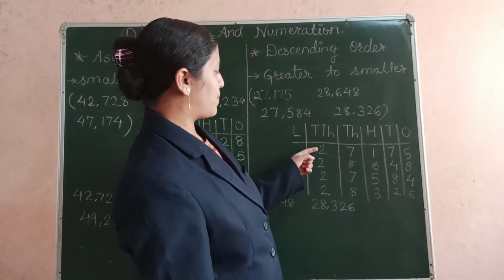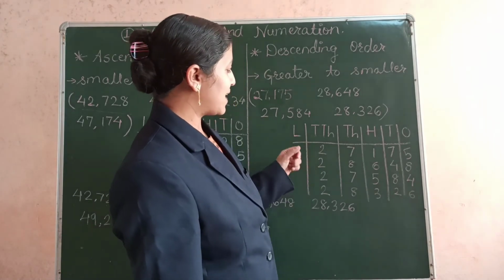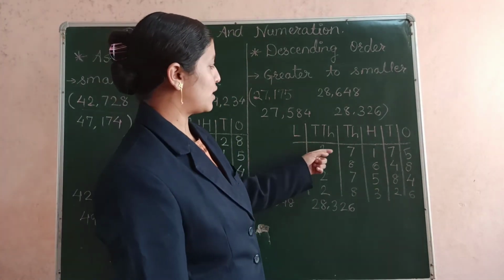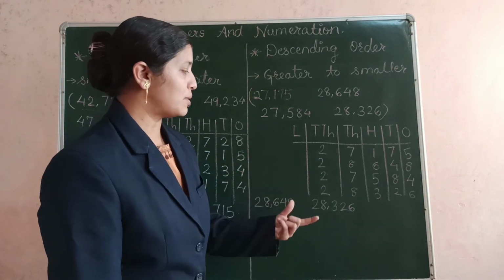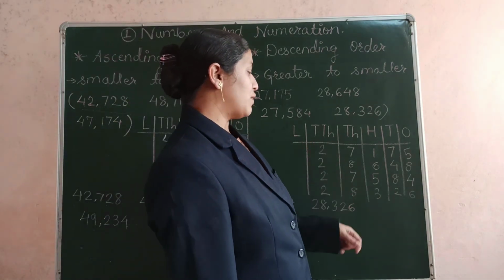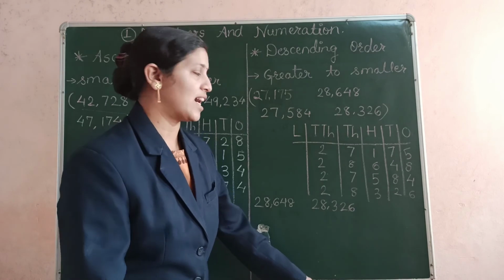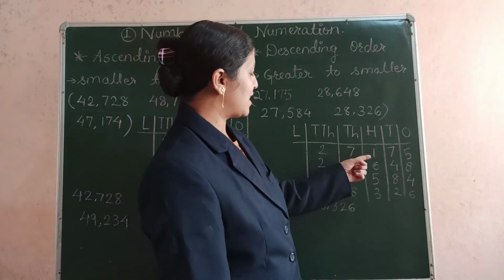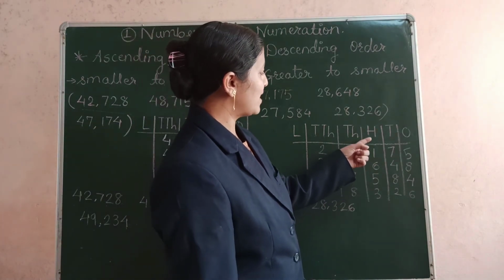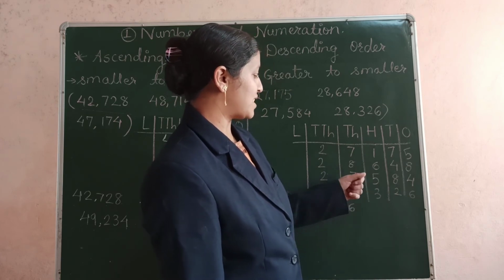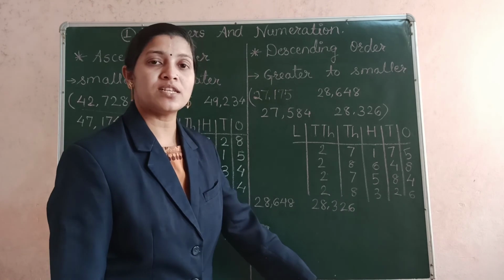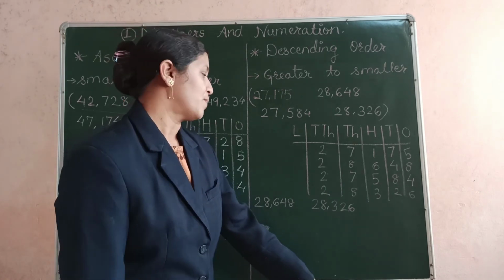Now we need to compare between the first number and the third number, because both of them are having 7 in the thousands place. Now we will be seeing which digit will be greater in the hundreds place. So you can see here in the first number we have 1 in hundreds place, while we have 5 in hundreds place in the third number, and 5 is always greater than 1.